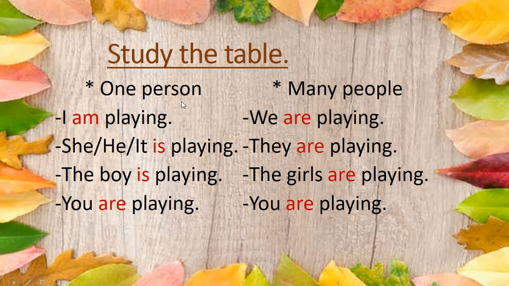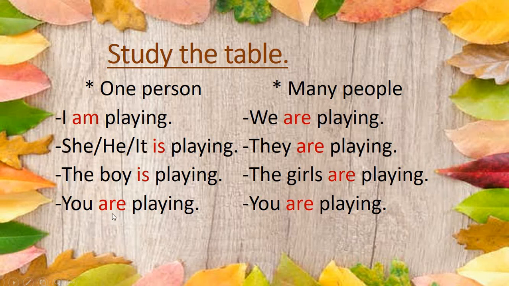See, one person. I am playing. Here ing is there, no? He, she, it is playing. This is for one person. For girl, boy, man, woman, that we have learned, the boy is playing.